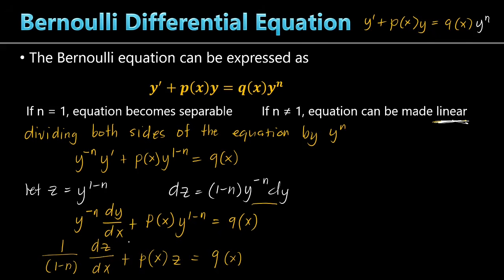Okay, so if you notice, this equation is already linear in the variable z. But in order to transform it into the standard form of the first order linear DE, we need to multiply both sides of the equation by 1 minus n.